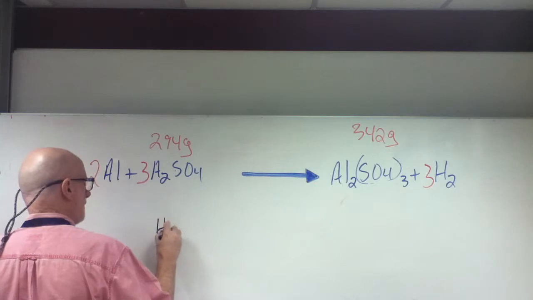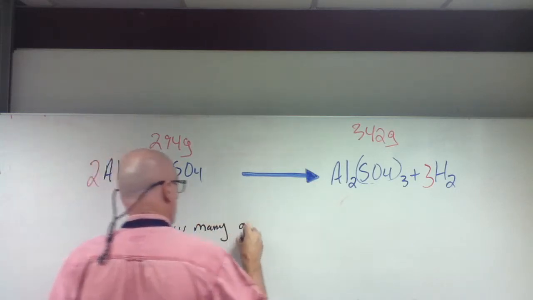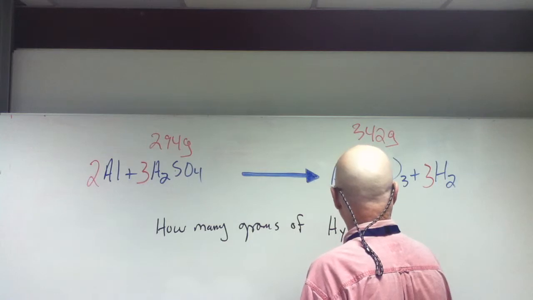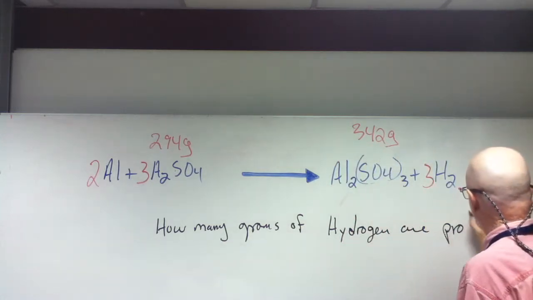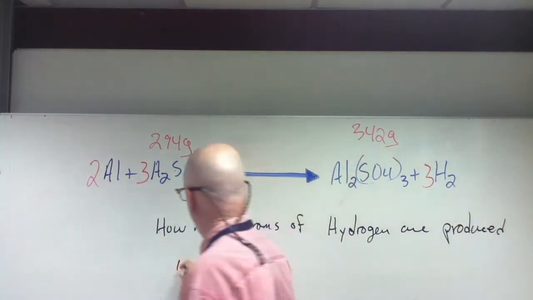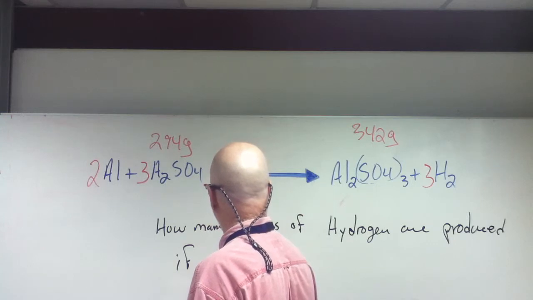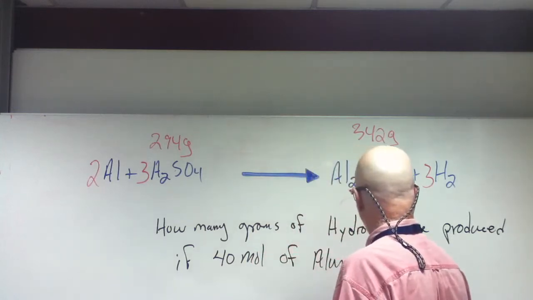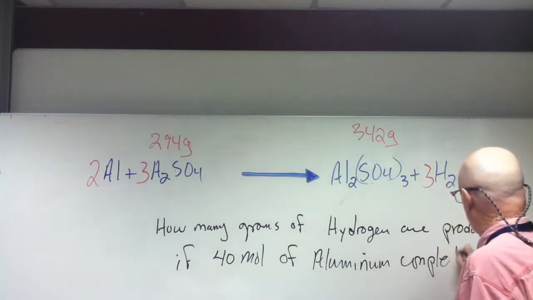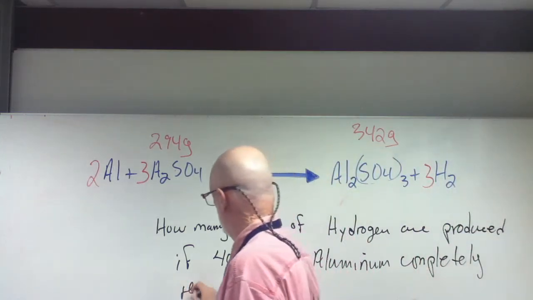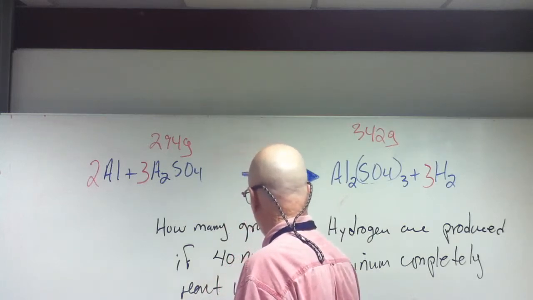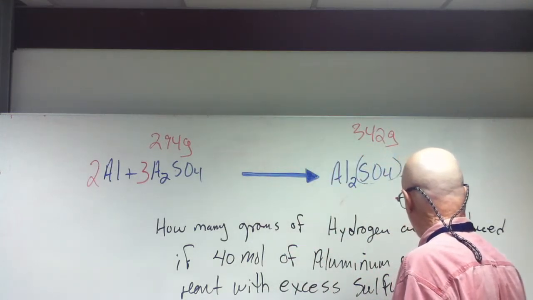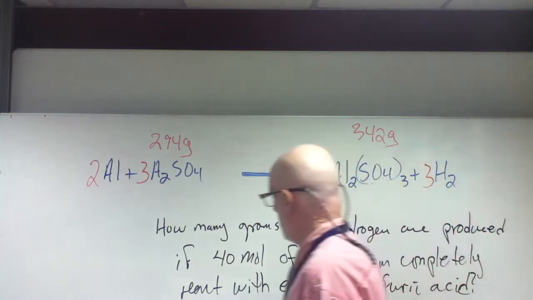Okay, how many moles of hydrogen are produced if 40 moles of aluminum completely react with excess sulfuric acid.